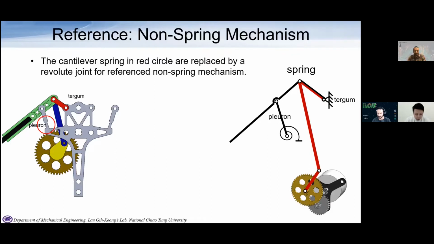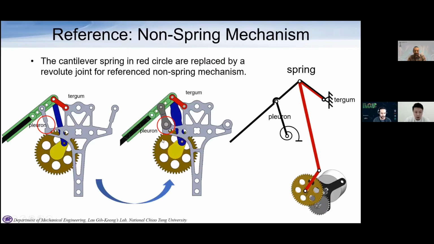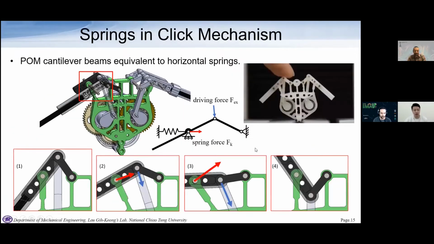And for the reference non-spring mechanism, the cantilever springs in the red circle are replaced by regular joints. And this slide shows how the spring of the click mechanism works.